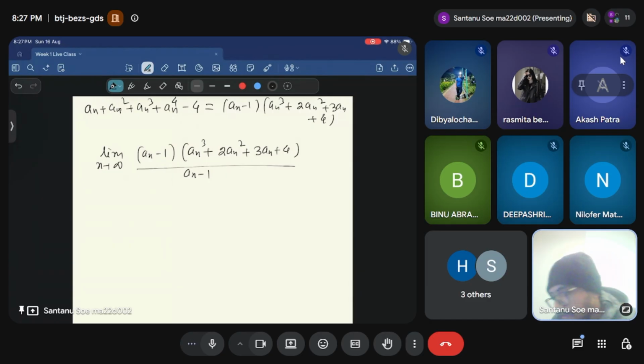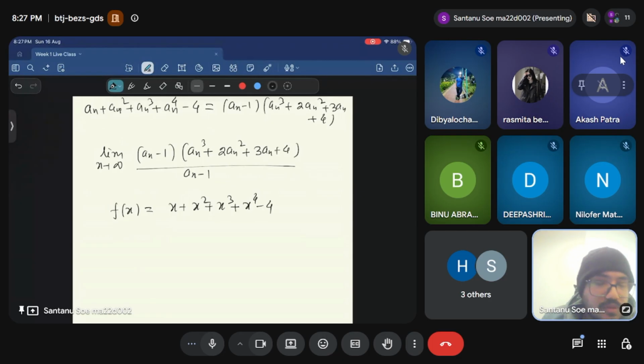So that means if you see this polynomial, f of x equals x plus x square plus x cube plus x to the power 4 minus 4, then it is easy to understand that f of 1 is 0. Correct? So that means you got an idea, right? That x minus 1 will be a factor. That means f of x can be written like this.